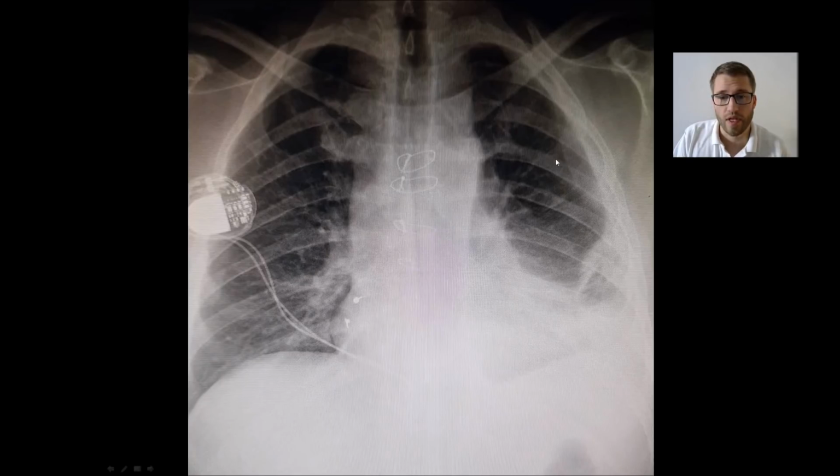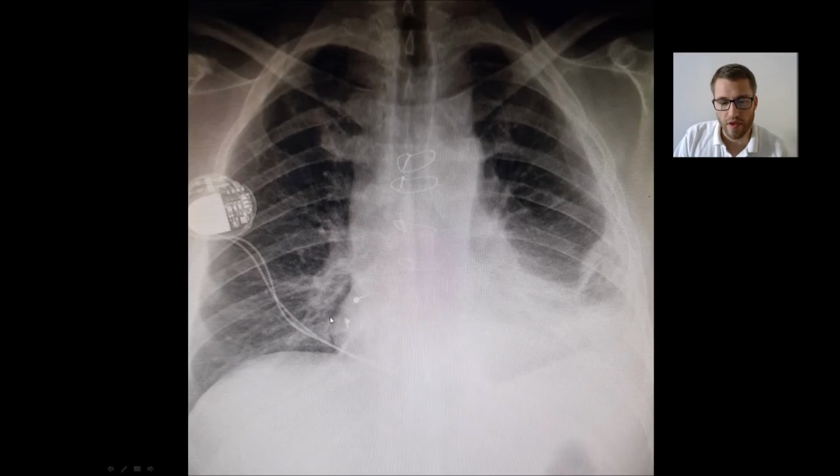What was the final result? Well, another sternal cerclage, another thoracotomy. The pacemaker is now in the place of the pacemaker pocket over here, and you see two new pacemaker leads.